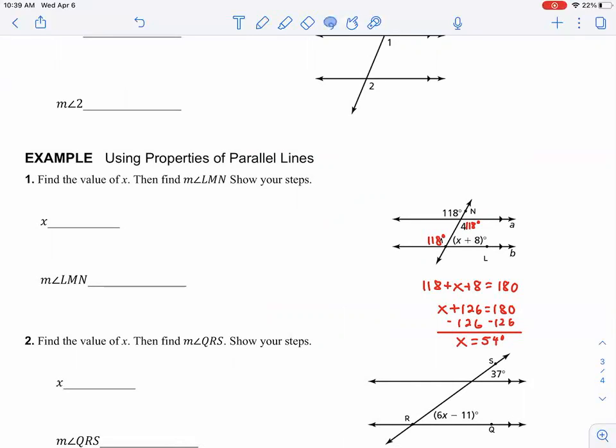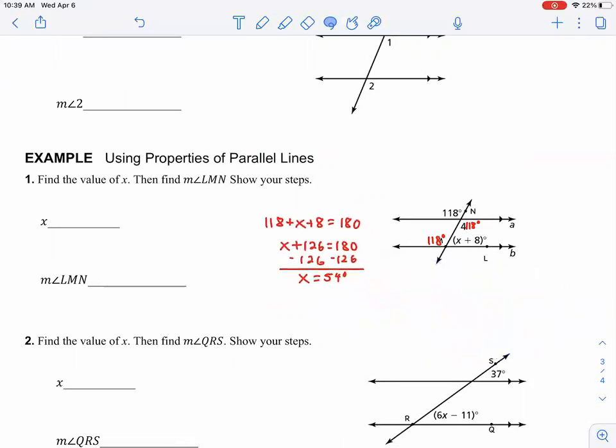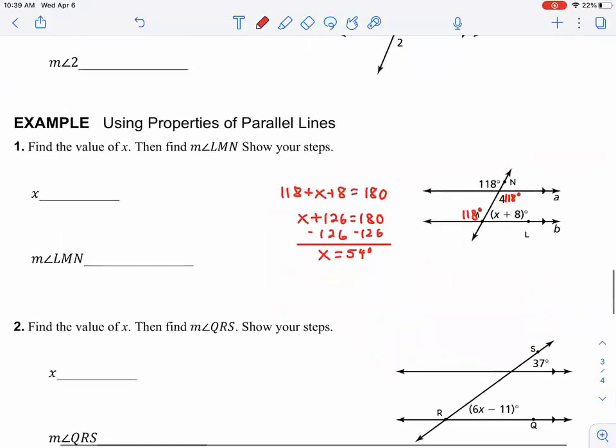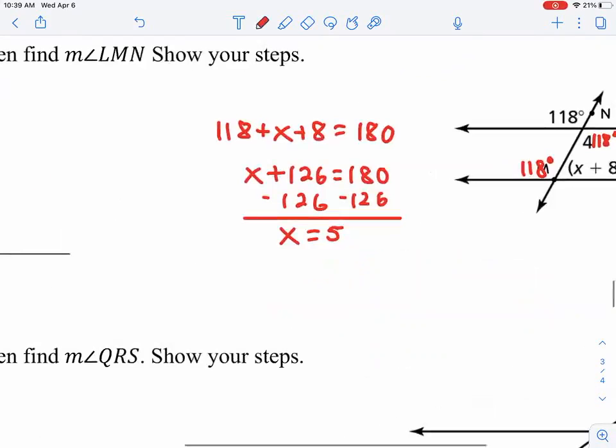I'm going to move that work just off to the side here so it doesn't blend into the next picture. But we know that x is 54. Did I say degrees? I'm sorry, x is not in degrees. X is just a variable. It is 54, of course.